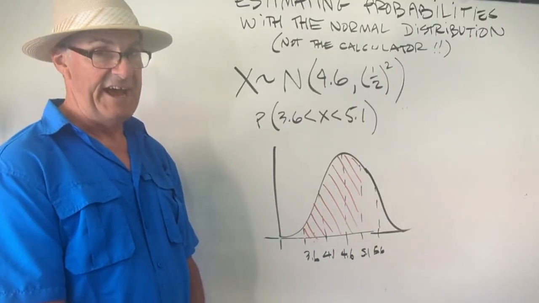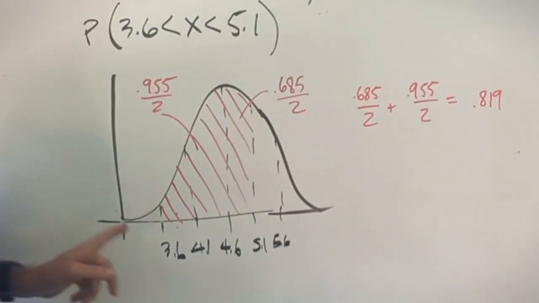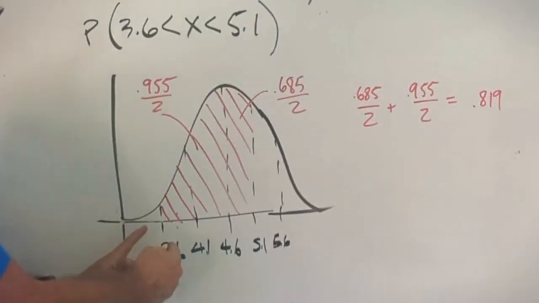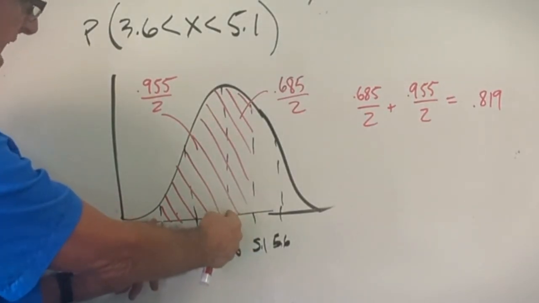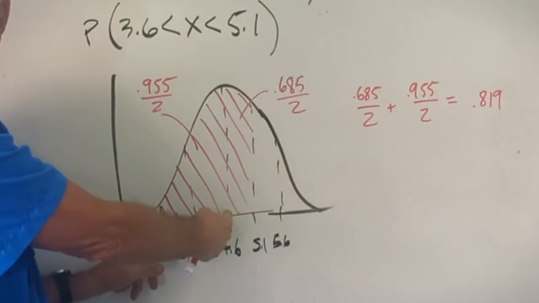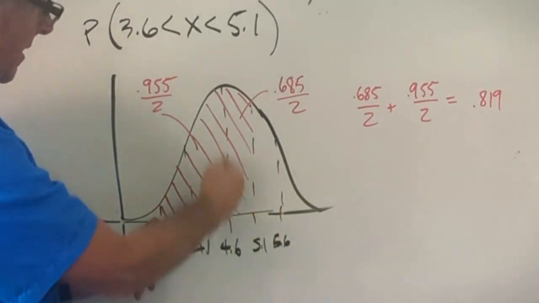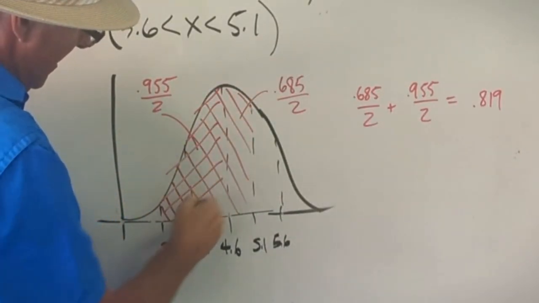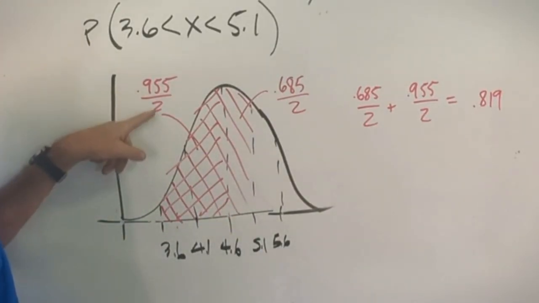Okay, I did this a little differently from the last one, so I just marked my probabilities on my diagram here, and let me go over that. So this segment, from one below to the mean, that is half of 95.5, because 95.5 would encompass 2 standard deviations away. But this piece right here, just that part there, that's half of 95.5. So the probability of this part is 0.955 over 2.